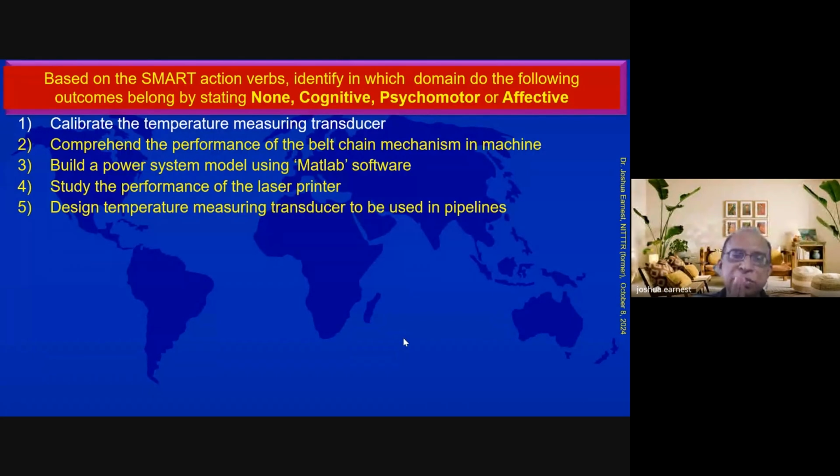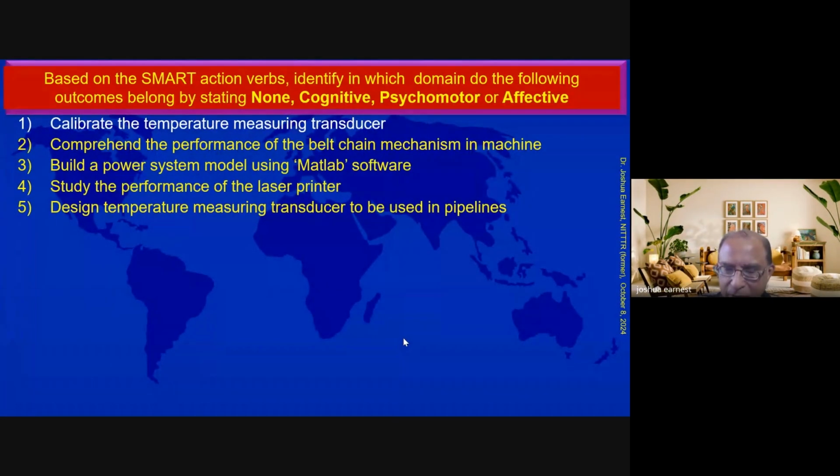In the industry, he will generally do it in both places, so this is 50-50. It depends upon what the student is asked to do. If he is asked to do in the lab, it is psychomotor domain. If on pen and paper, it is cognitive domain.